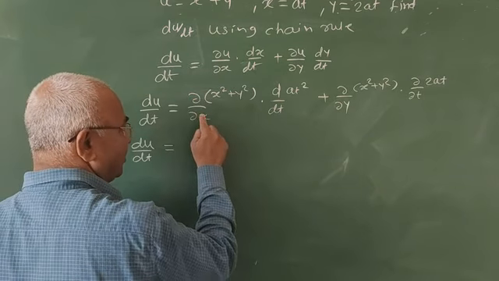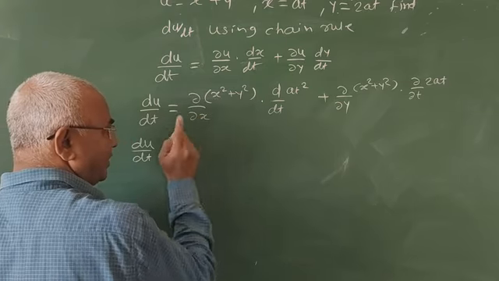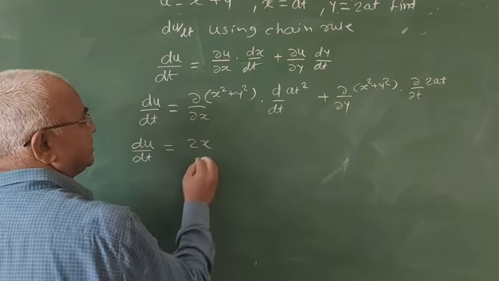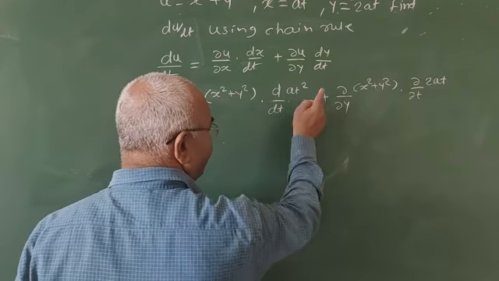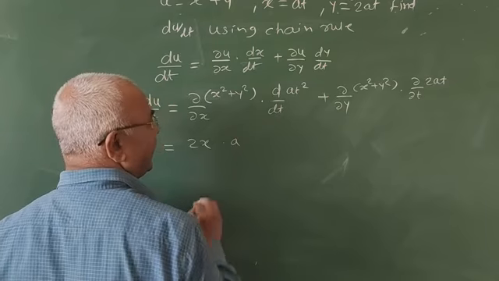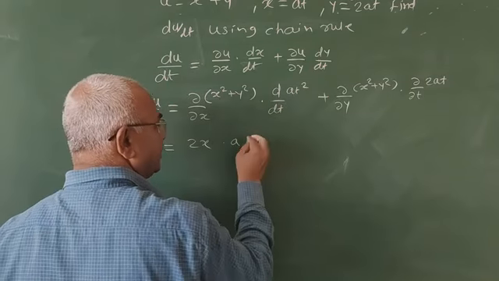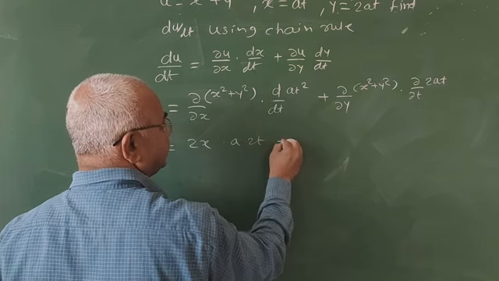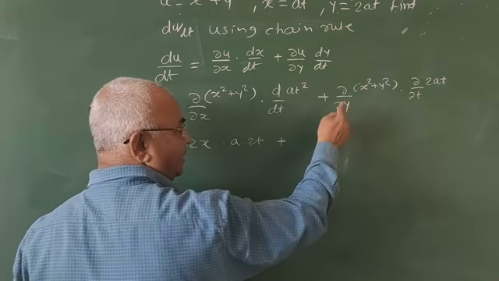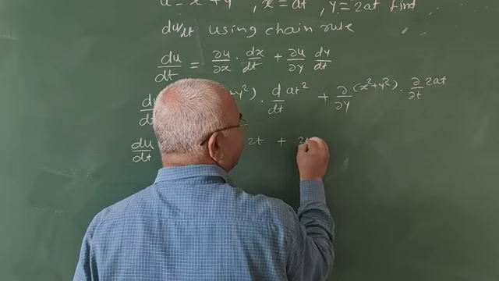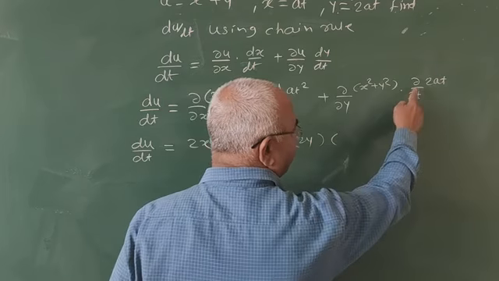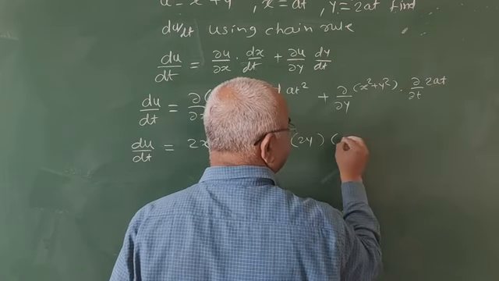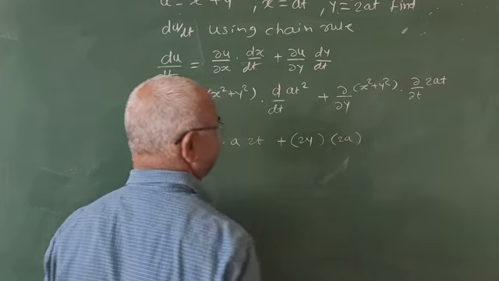Partial differentiation of x square plus y square with respect to x is 2x into d by dt of a t square, a constant as it is, t square's differentiation is 2t, plus with respect to y, that is 2y multiplied by differentiation of 2 a t, that is 2a.